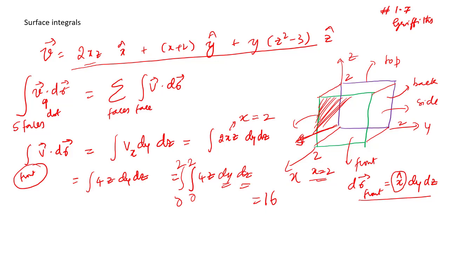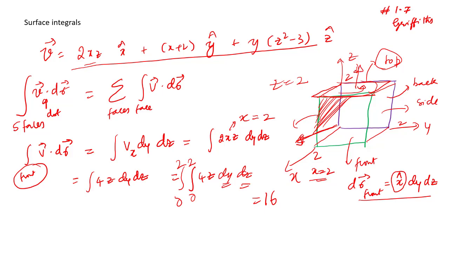Similarly, you can do, say, the top face, right? If I look at the top face, then here z is fixed at 2, and x and y are changing. And if I go around the path this way, right, then my right-hand fingers are going around this way, so the thumb is going to point along this direction.